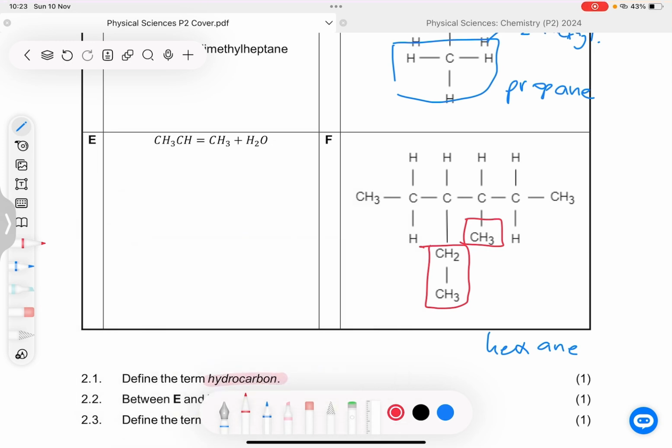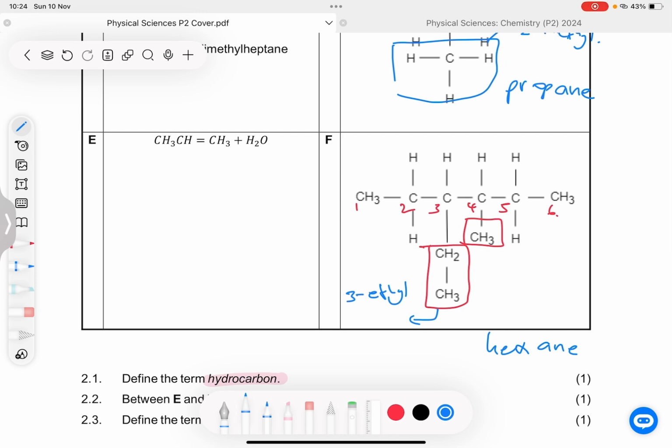Now, I'll start counting from this side first to say this is carbon 1, carbon 2, carbon 3, carbon 4, carbon 5, and carbon 6, right? Now, when we name this, we are going to say we have a 3 on position 3, we have an ethyl.